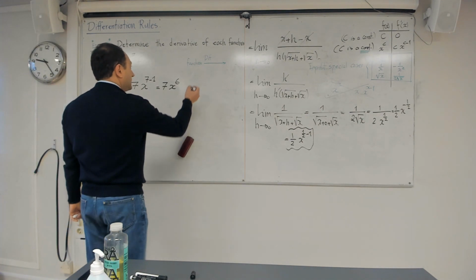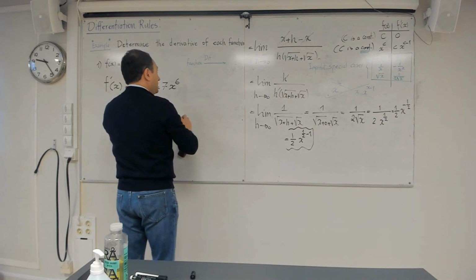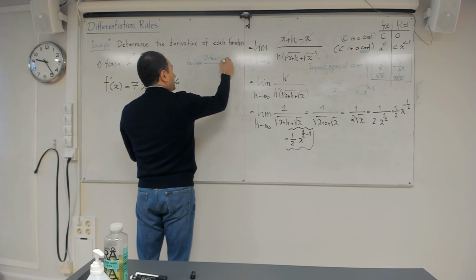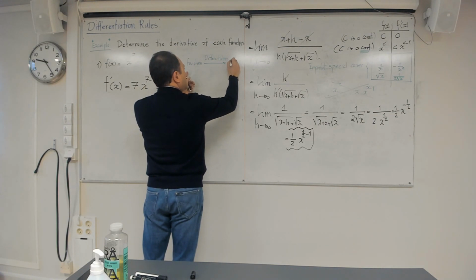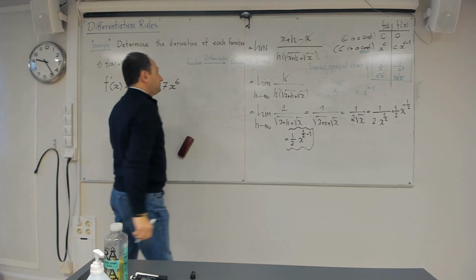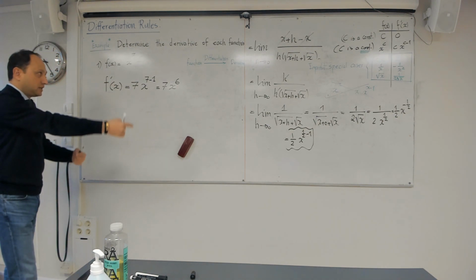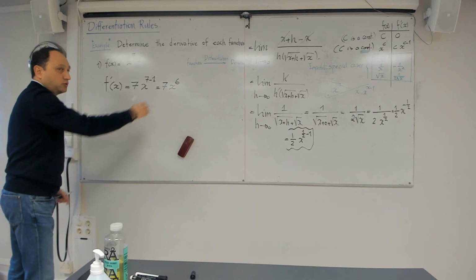So function, differentiation, and then the final product is called the derivative. Differentiation is the process to go from the function to its derivative.